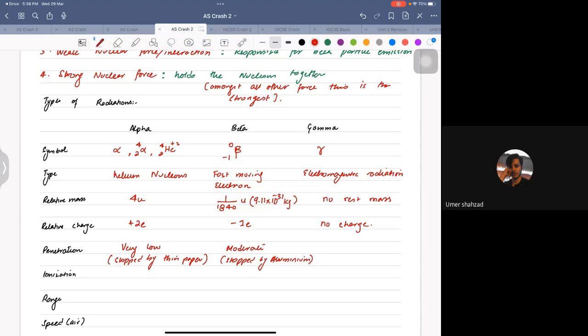Gamma has very high penetration, and it is reduced by lead. It cannot be fully stopped, but it's definitely reduced to a certain level by lead. So what is the type of alpha? What is written there? Helium nucleus.